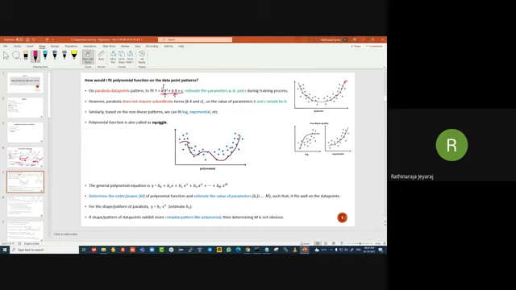The coefficients or parameters A, B, and C must be estimated or approximated from the data points X and Y. This is X, this is Y. So we need to find the values of A, B, C. That's it. If we find the values of A, B, C from the data points, then we will get our polynomial function that can fit the data points.